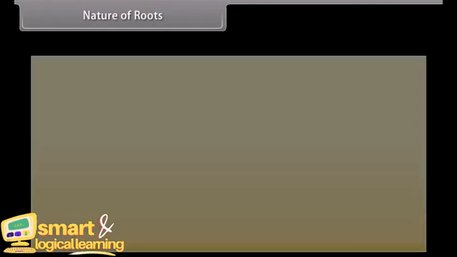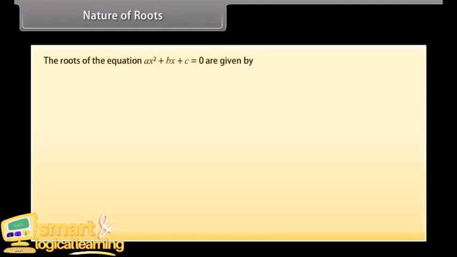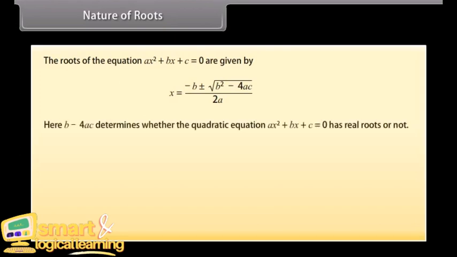Nature of roots. The roots of the equation ax² + bx + c = 0 are given by x = (-b ± √(b² - 4ac)) / 2a. Here b² - 4ac determines whether the quadratic equation has real roots or not. b² - 4ac is called the discriminant of the quadratic equation. 1.